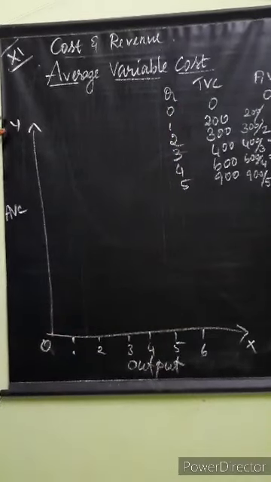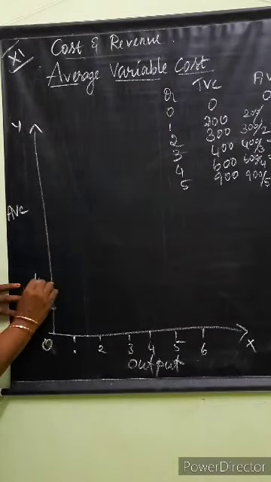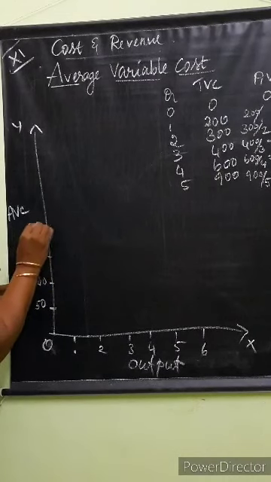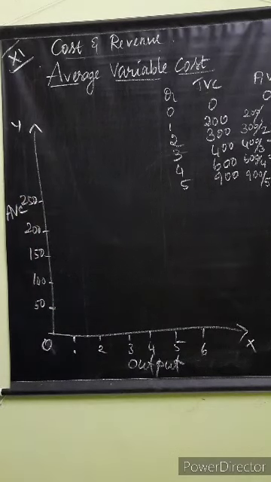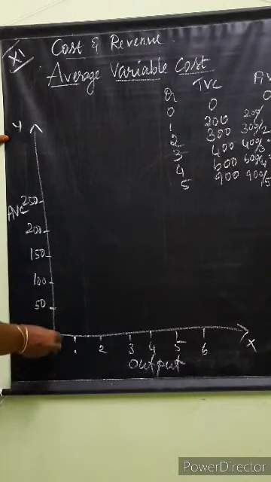So let me draw 50, 100, 150, 200, 250. Okay, girls? Now, at the point of 0, it is 0, so we can't draw any line.